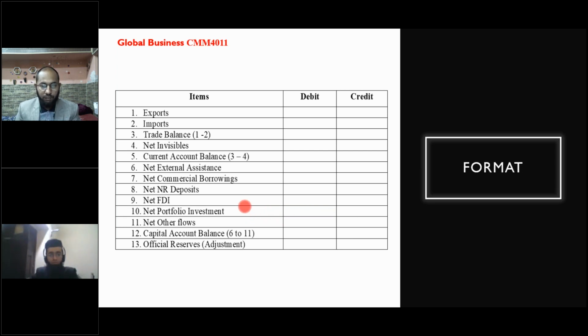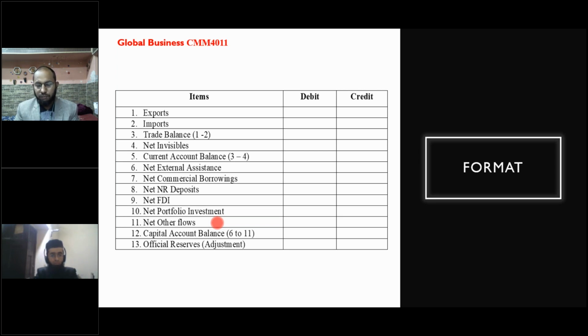Again, net portfolio investment: how to calculate it? Portfolio investment received by India minus portfolio investment made by India in the rest of the world. Net other flows include flows by multilateral organizations. For example, official development assistance given by the World Bank and International Monetary Fund.